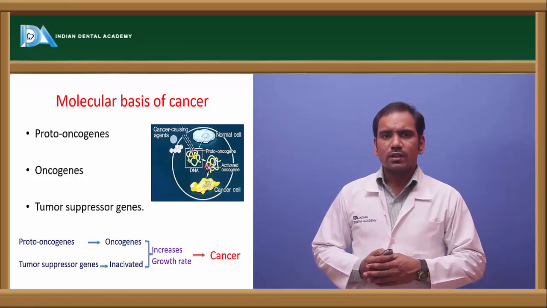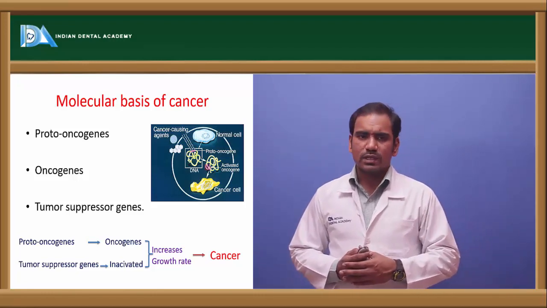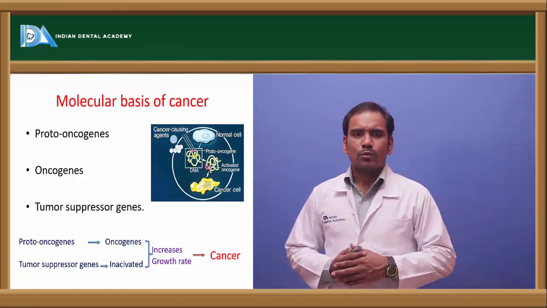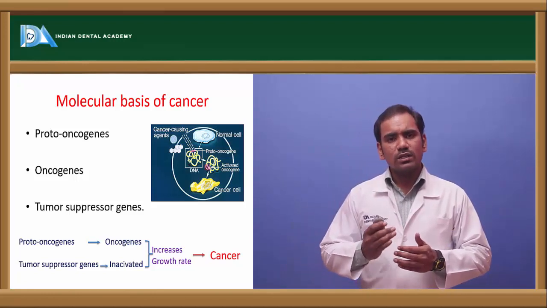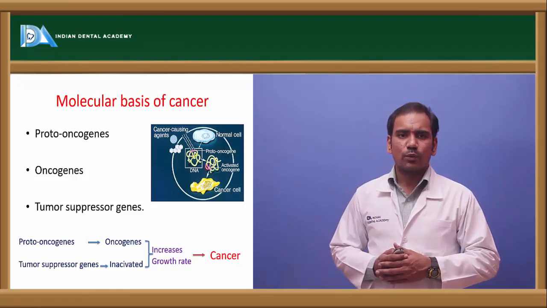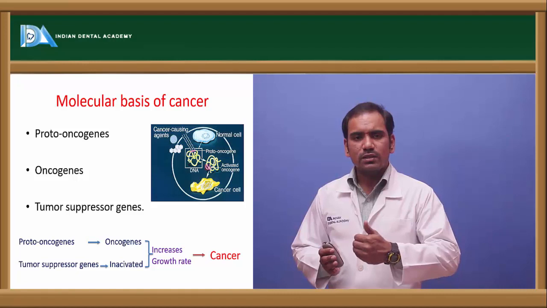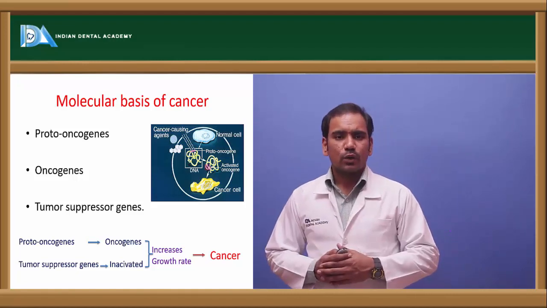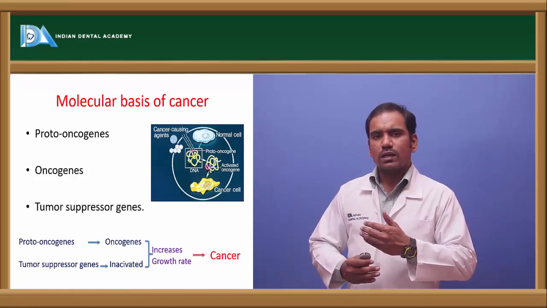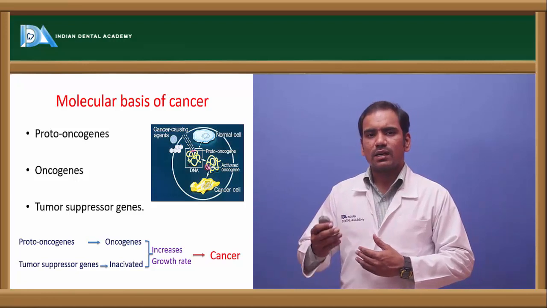What are proto-oncogenes, oncogenes and tumor suppressor genes? We should know about these genes. Proto-oncogenes are the normal genes which code for growth regulating proteins. That is the function of proto-oncogenes. When proto-oncogenes are converted into oncogenes, they become cancer causing genes.